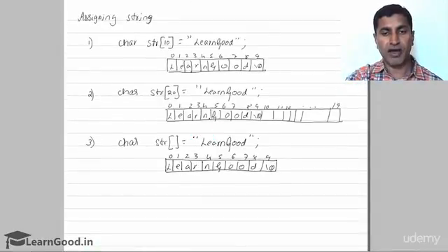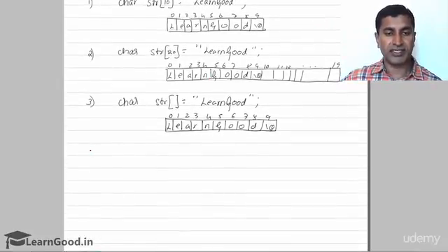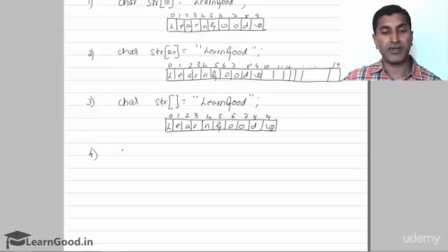Another way of assigning a string is character by character. That is, you can create a character array like this: str of, is equal to, so dynamically assigning an array is done by enclosing all the character data within curly braces. So you can store here L. This is the first character, which will get stored in the 0th location.